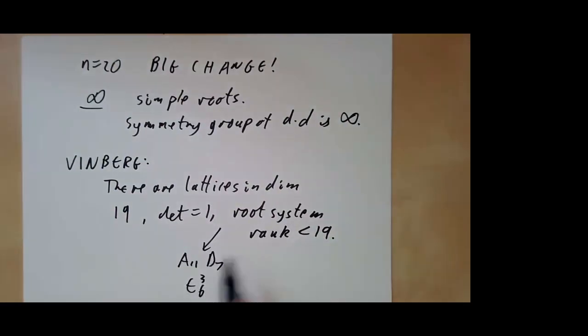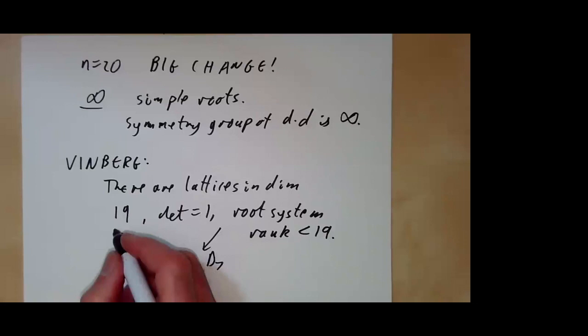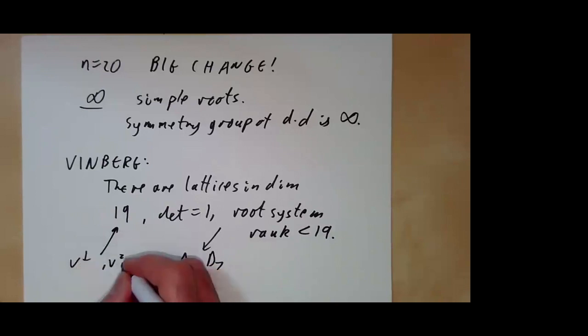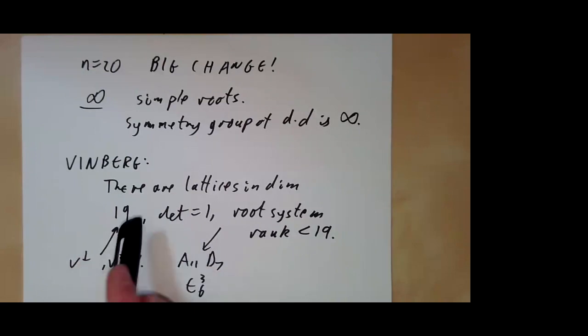And the point is that this lattice is actually orthogonal to a vector v with v squared equals -1. And by looking at this, Vinberg was able to show that if you take the lattice modulo its reflection sublattice, this actually acts as a group of symmetries on the Dynkin diagram.